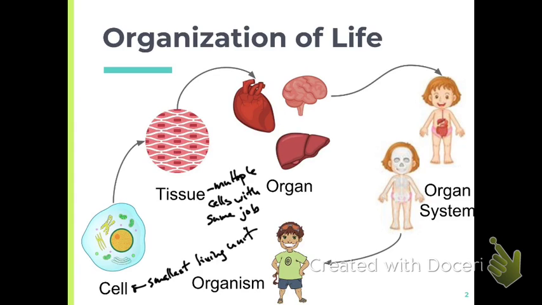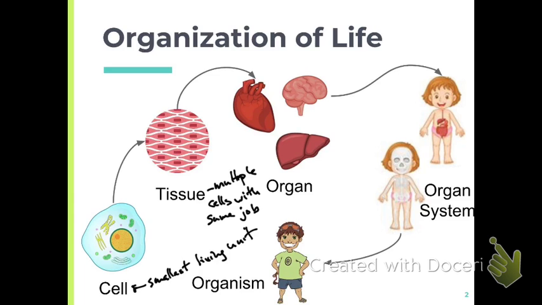So the very smallest is the cell, the smallest living unit. When we put multiple cells together, we get tissue. Tissue, like muscle tissue or heart tissue, is many hundreds of thousands of cells all together, and they do the same job. They're very similar. When you put multiple tissues together, you get organs. Multiple organs together, you get an organ system, and then organism.